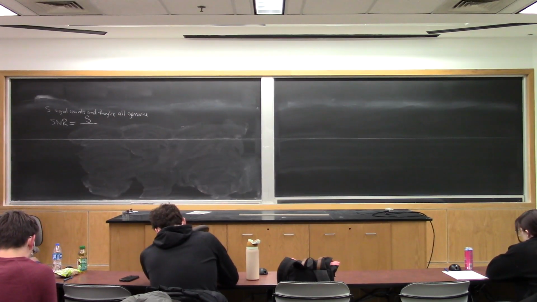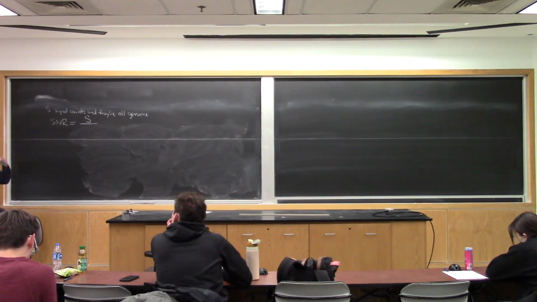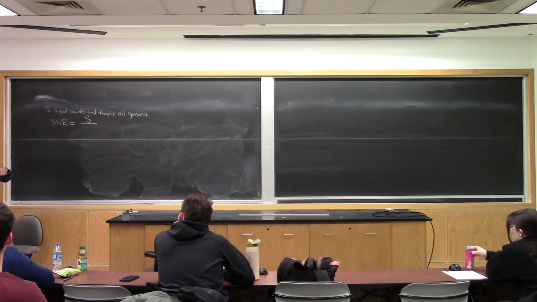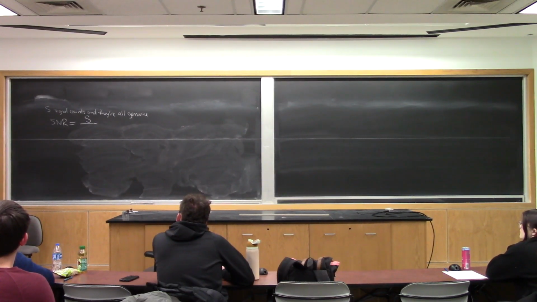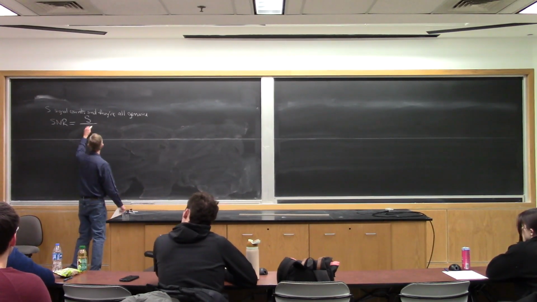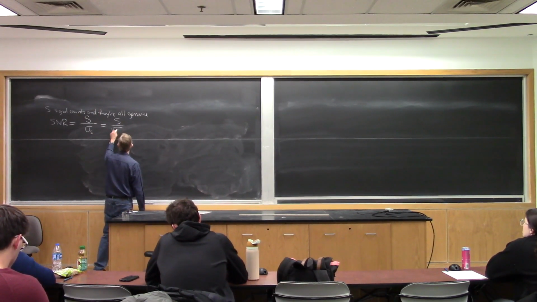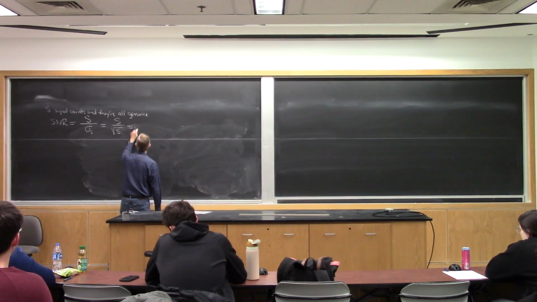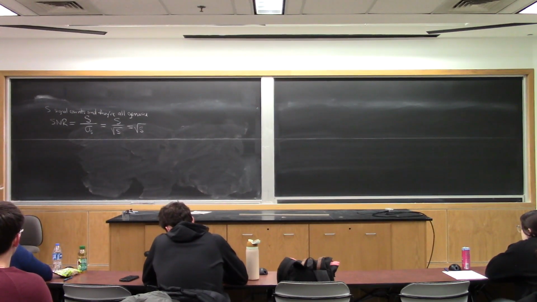If S is the number of counts, then you expect the standard deviation, if you do the experiment many, many times, sigma sub S would be what? Square root of the number of counts, right? So S over the standard deviation would be S divided by the square root of S, or in other words, the square root of S.